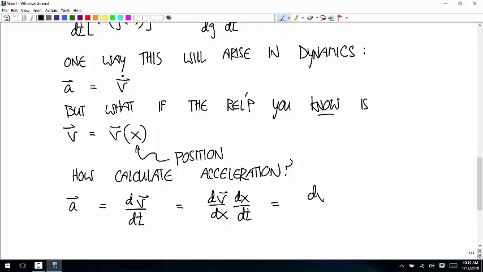And that's dv/dx, which we can calculate because we know that relationship, times, in this case, the x component of the velocity. And we know all this. So I'll do an example.